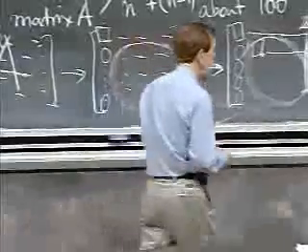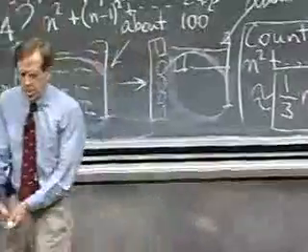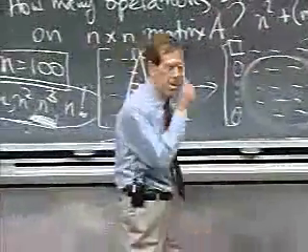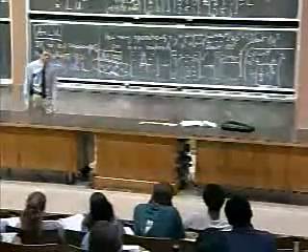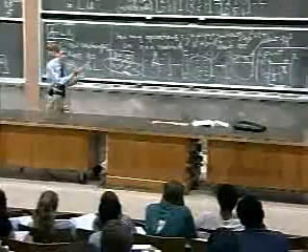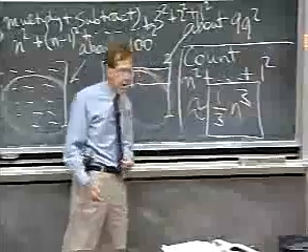And it's correct for the sum also, because that's the whole point of calculus. Calculus is like sum, except it's continuous, and algebra is discrete. Okay, so the answer is 1/3 n cubed.